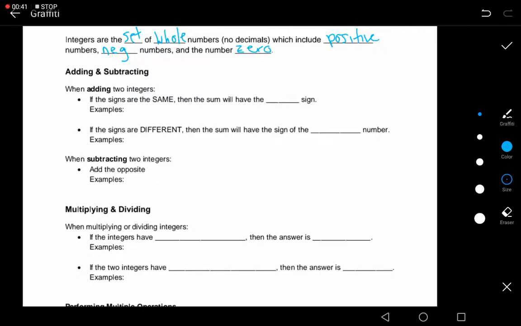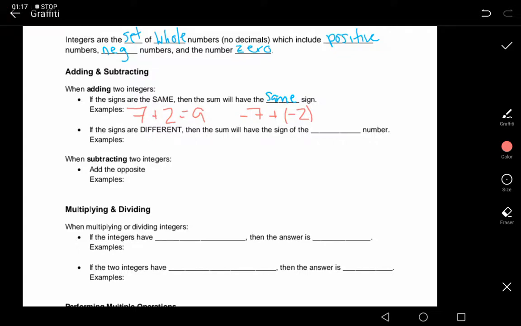So if we're adding two integers, if the signs are the same, then the sum will also have the same sign. So if we have 7 plus 2, those are both positive numbers. Our answer is also going to be positive. If, on the other hand, we had negative 7 plus negative 2, okay, and that's in brackets because that negative is attached.